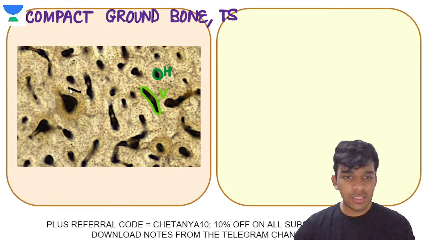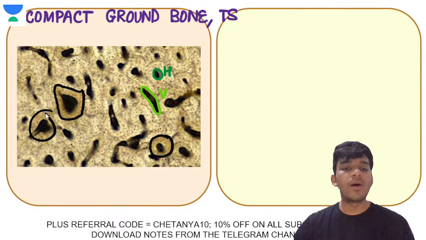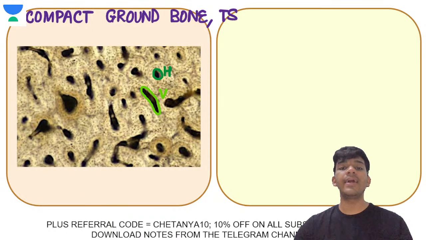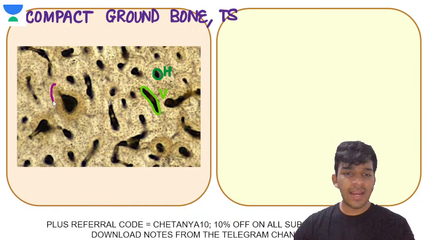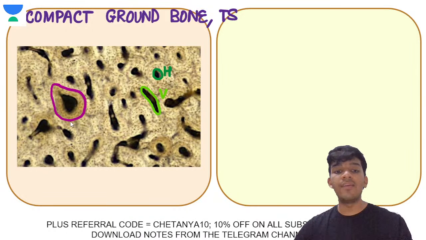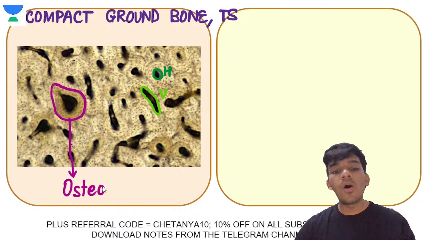Can you make out this appearance? What is this unit that you can make out around a Haversian canal? Any idea? Anyone has any idea? So I'm going to take this one for your example. This is nothing but an osteon. I will tell you what an osteon is, but for now please note that this is an osteon.